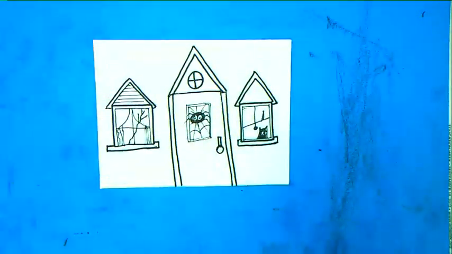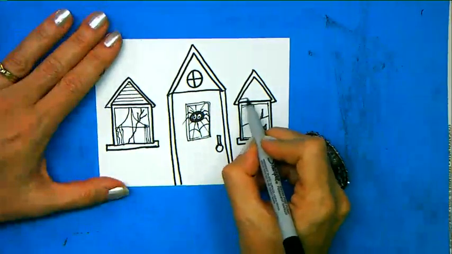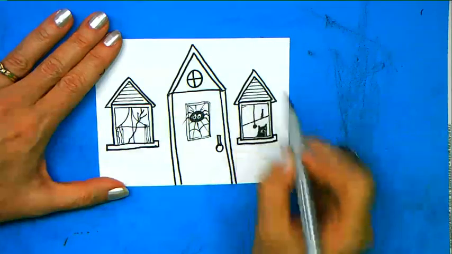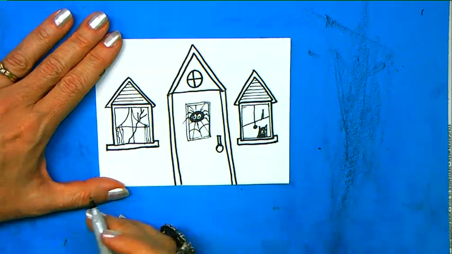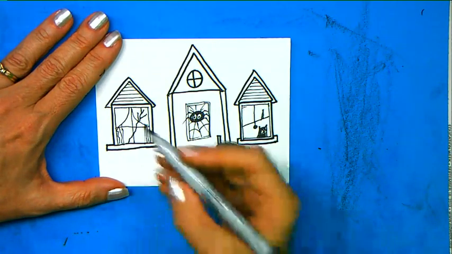So have something like that comes in. So this is what I wanted to share with you of how you can add details into that basic illustration, and you can kind of create that spooky environment.